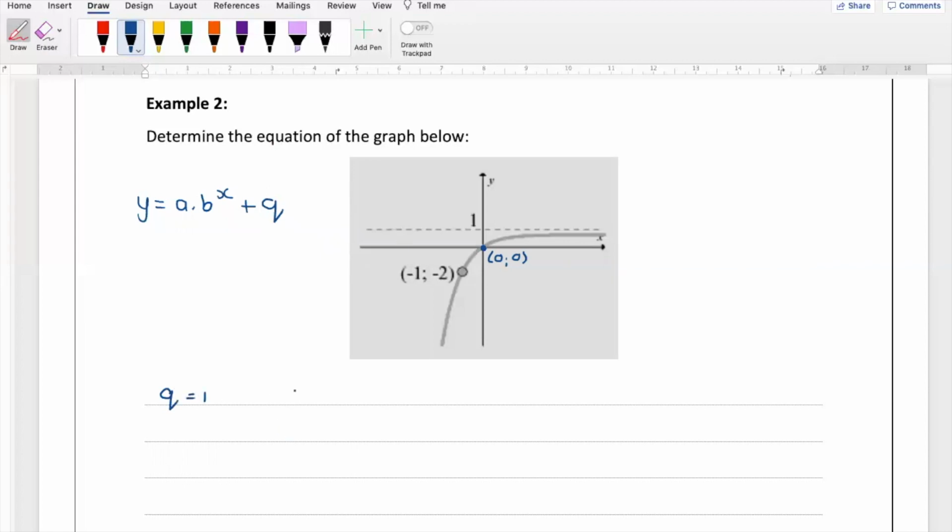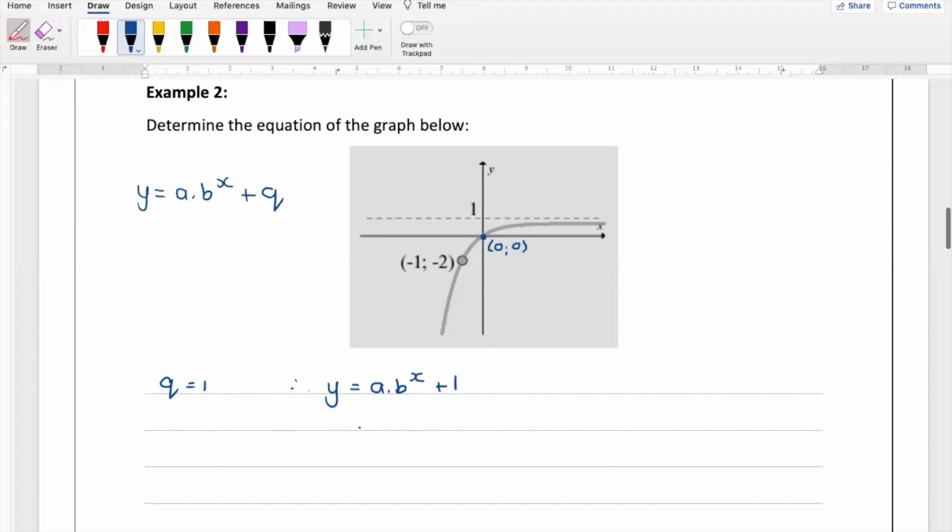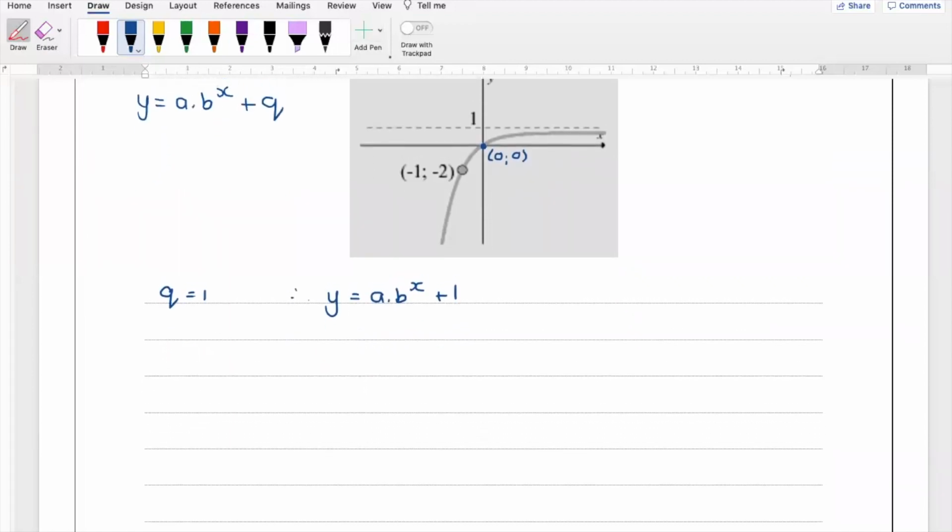So that's pretty helpful. That means my equation has already changed to y equals a times b to the power of x plus 1. So let's substitute in some points. We've now used this information, so we've got those two extra points. I'm going to start with the 0, 0 and see what happens there. Okay, so let's substitute in the point 0, 0.